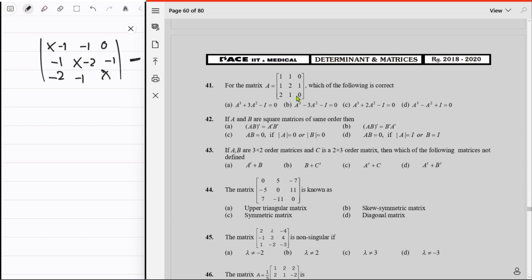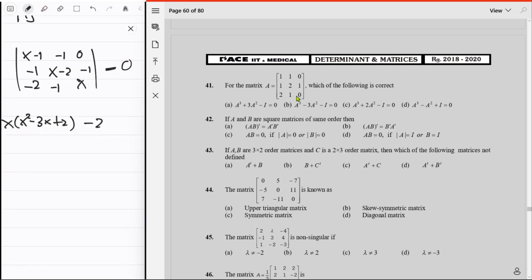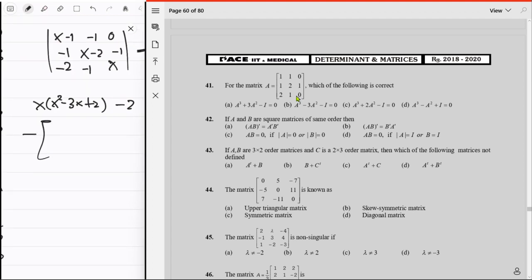Okay, let's just start. So first, the first diagonal is x minus 1 times x minus 2 times x, which is x times (x squared minus 3x plus 2). The second diagonal is negative 1, like positive 1, times negative 2, which is negative 2. The third diagonal is just 0. Then minus the first diagonal, which is 0 once again.